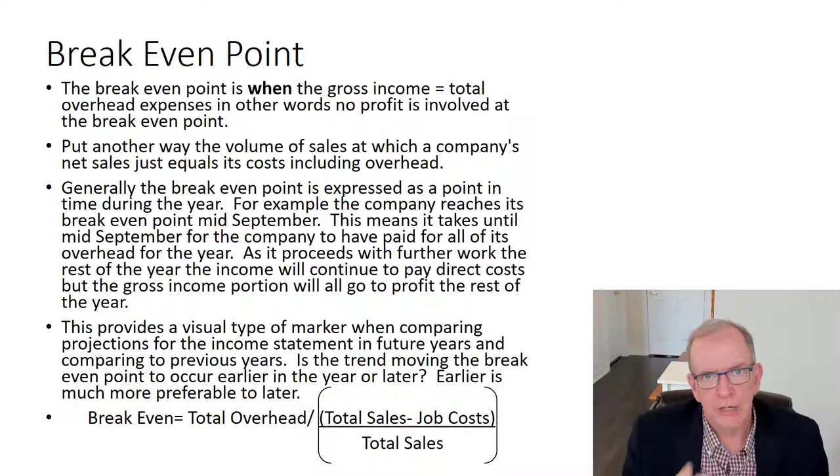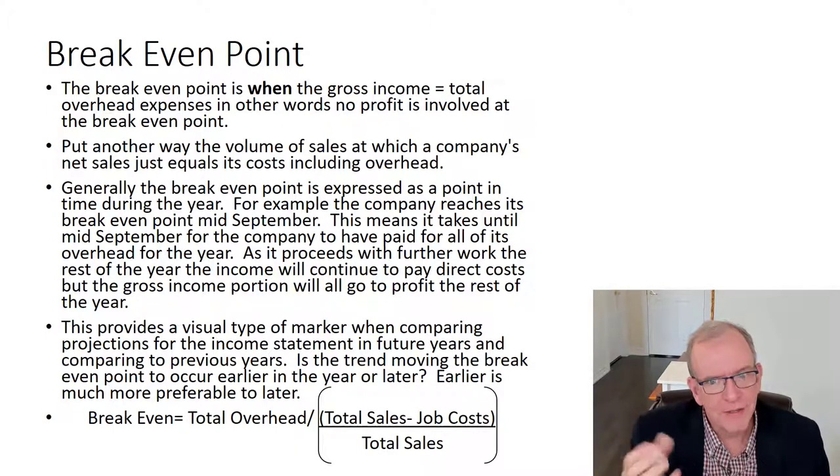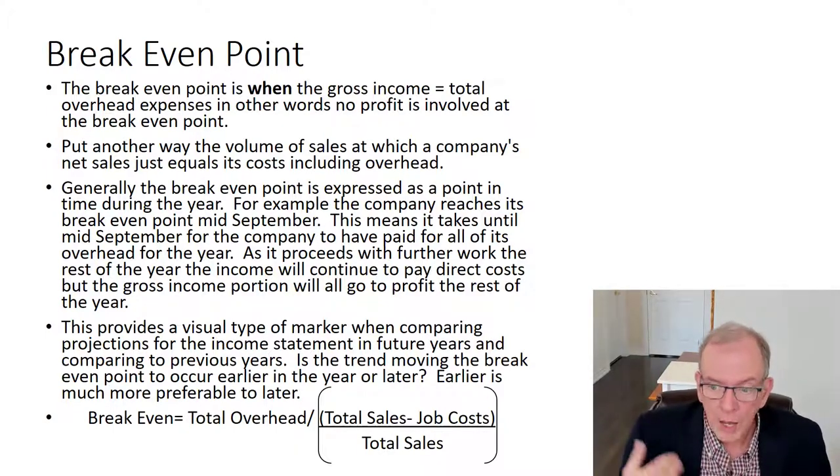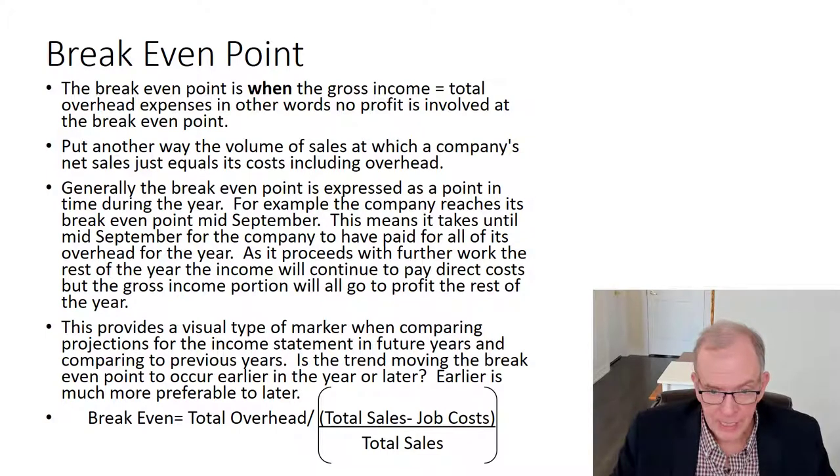That's the logic. It shows a trend, and it really grabs people, because you mean I have to work till the end of June just to pay all the taxes that I'm going to end up paying in the year for what I earned?